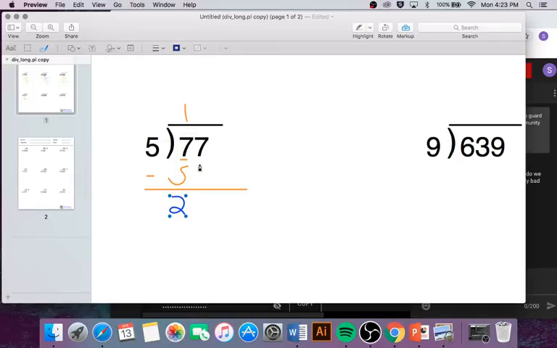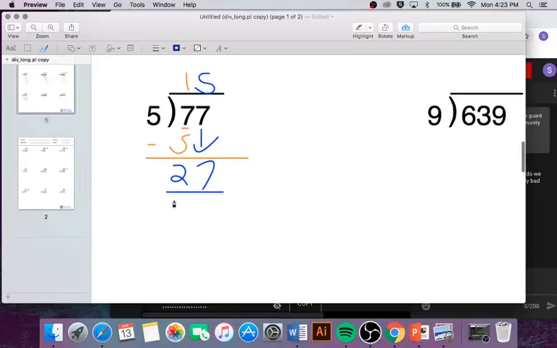And we move over to our next number. We bring down our 7. Now we need to see how many times 5 goes into 27 without going over. And that is 5. 5 times 5 is 25.